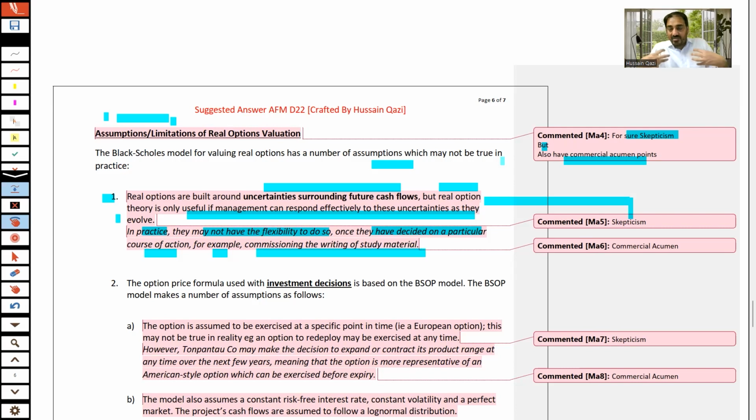So maybe if a competitor reacts, our staff, our content developers, are not able to adjust the material accordingly.